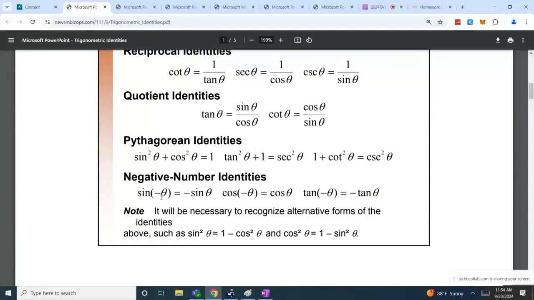When you write out an angle measure, it should be written as a positive angle measure. So we keep that concept in the back of the head. These negative number identities, the first one says that the sine of negative theta is equal to negative times the sine of positive theta.